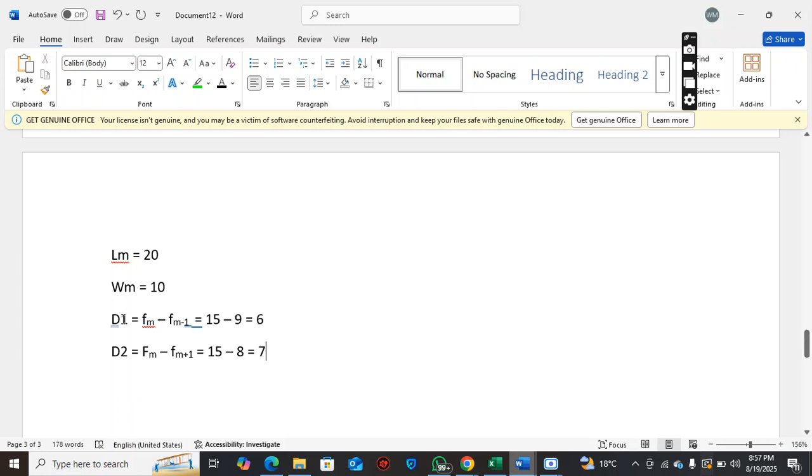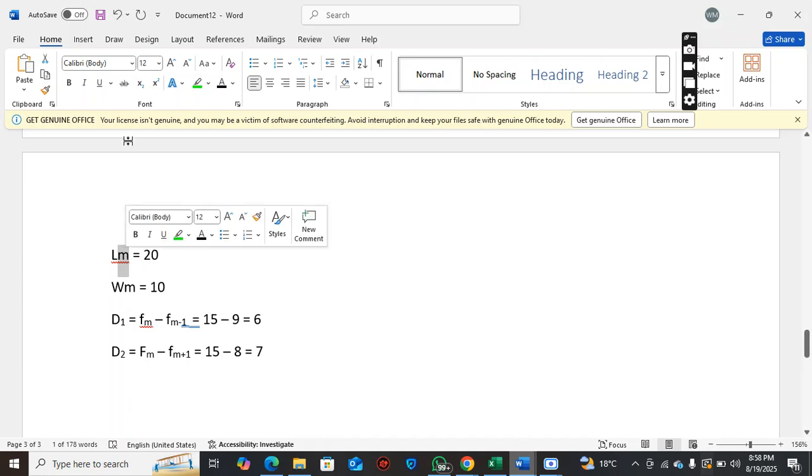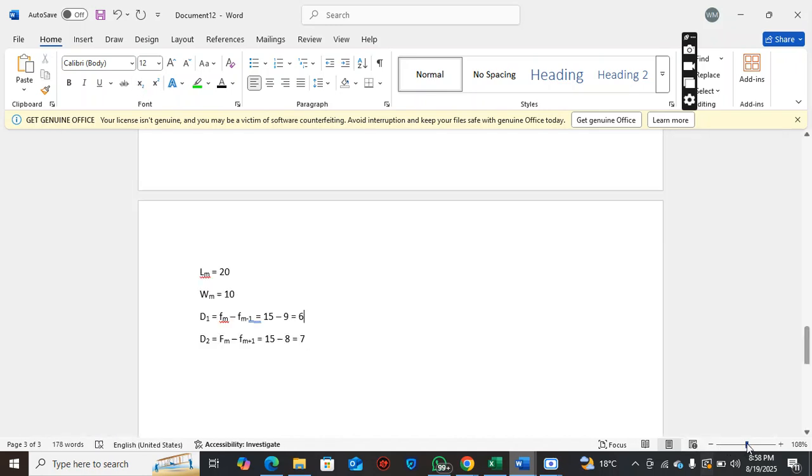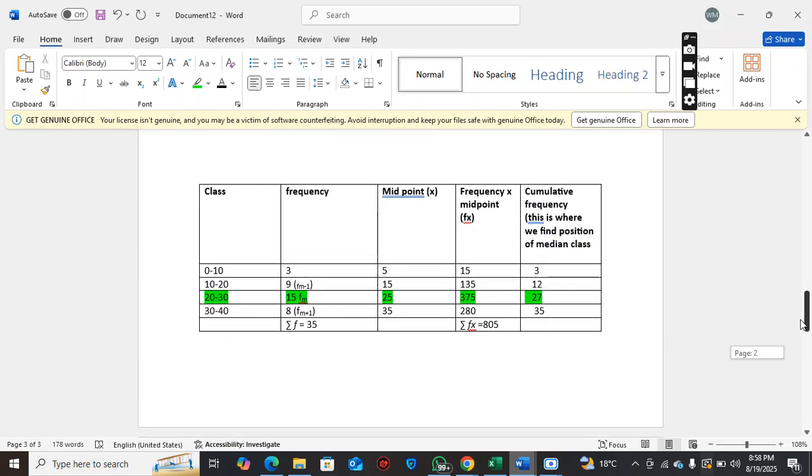Okay, colleagues, once you've got your D1, your D2, your lower limit, and your class width, then you are good to go.